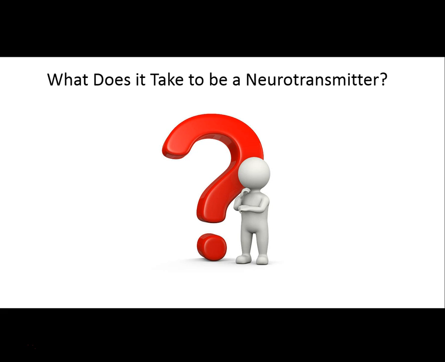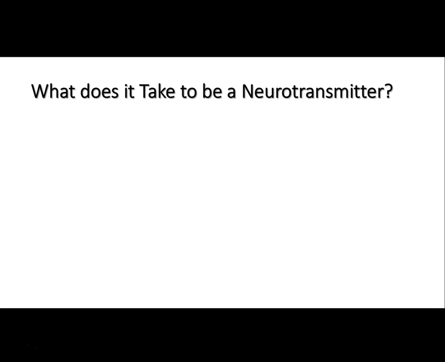So the first thing is, if I wanted to be a neurotransmitter, what does it take? What are the characteristics of neurotransmitters? Neuroscientists have set up a few guidelines or criteria to prove that a chemical is really a neurotransmitter, because not all of the neurotransmitters that you have heard of may have actually met every one of these criteria.